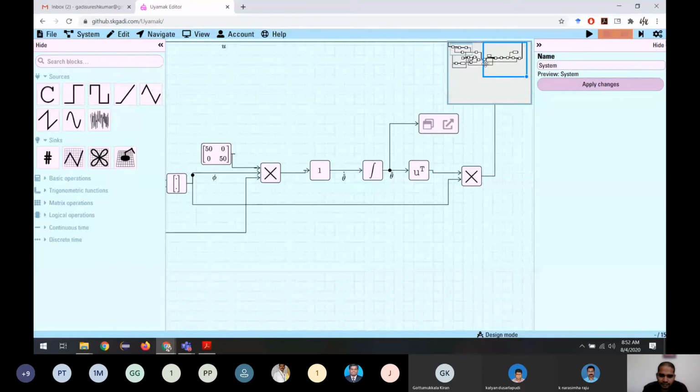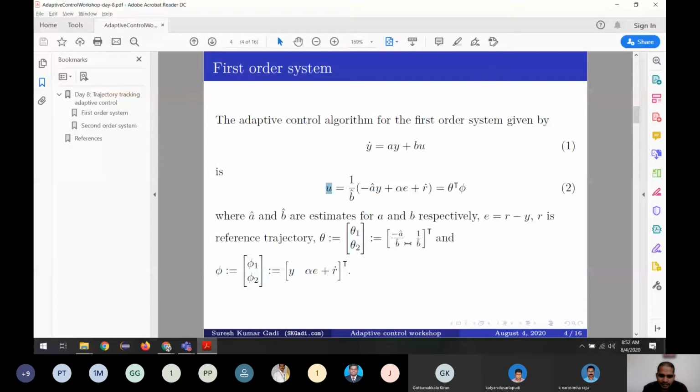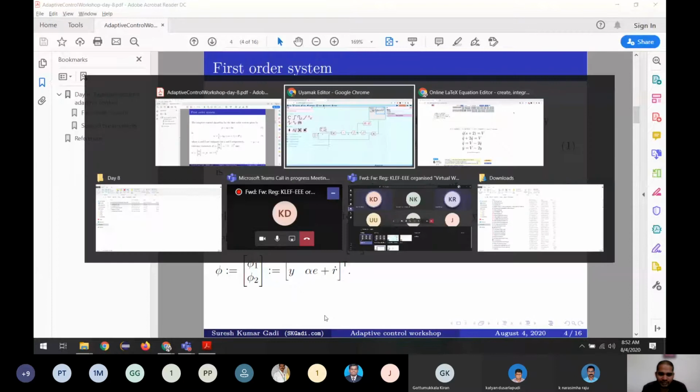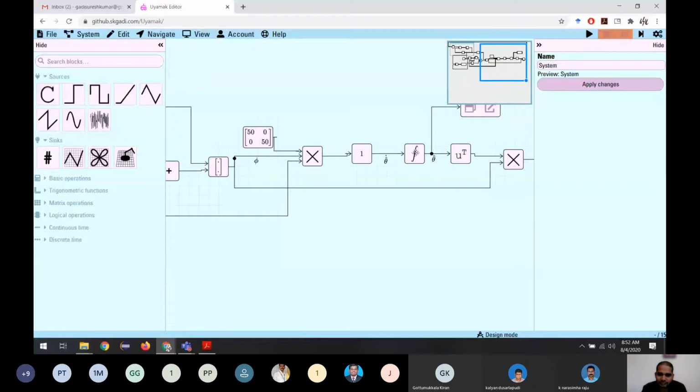Okay, in this I forgot to show you how we are getting the theta actually. For the theta we have a differential equation. At this point we don't have it, but we have seen this already in the parameter identification part, that theta dot comes from a differential equation by multiplying.